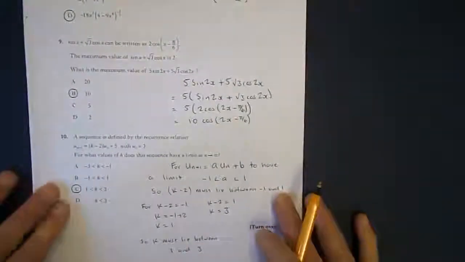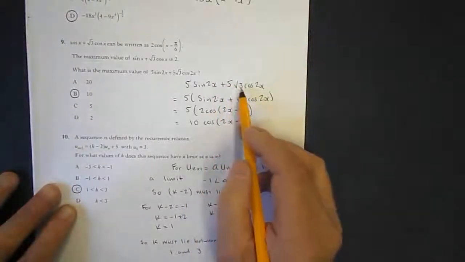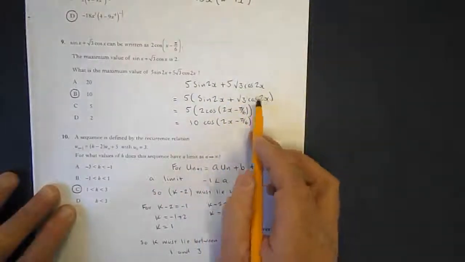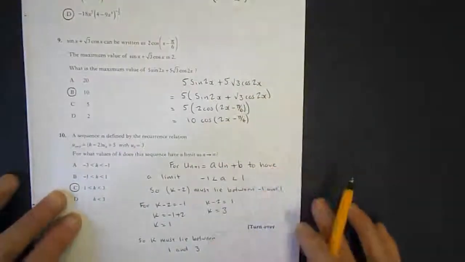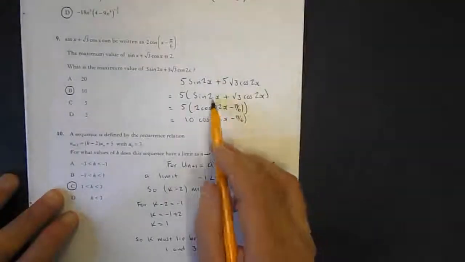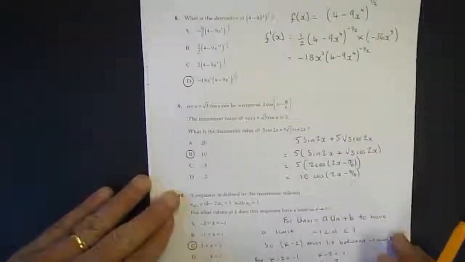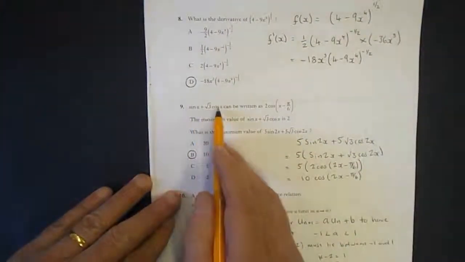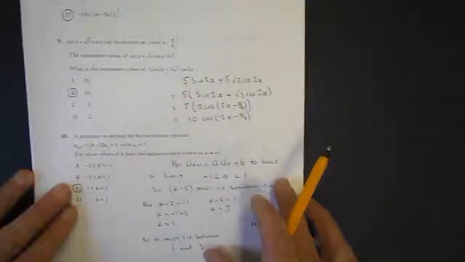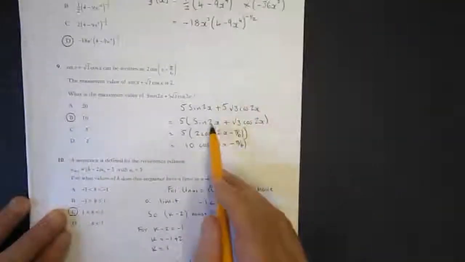Okay. On to the main part of the sum. 5 sin 2x plus 5 times root 3 of cos 2x. Take 5 out as a common factor. And we have 5 times (sin 2x plus root 3 cos 2x). Now that is the connection between that and what we did up here, because up here they said that sin x plus root 3 cos x can be written in that form there. So all we're doing is we're just going to replace the x that we used up there with 2x.